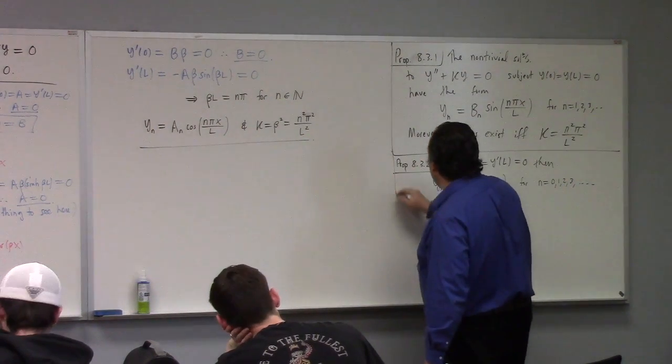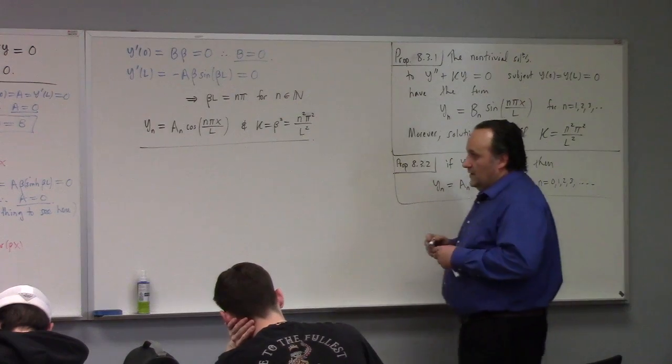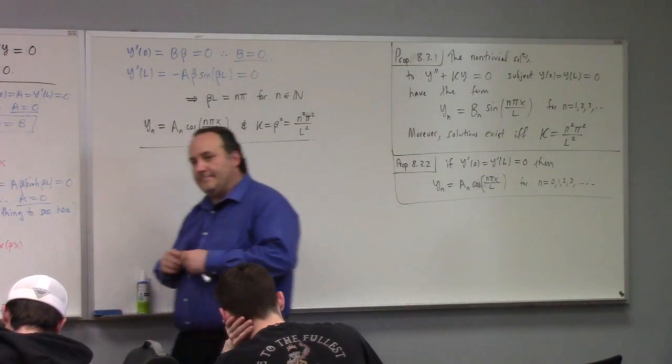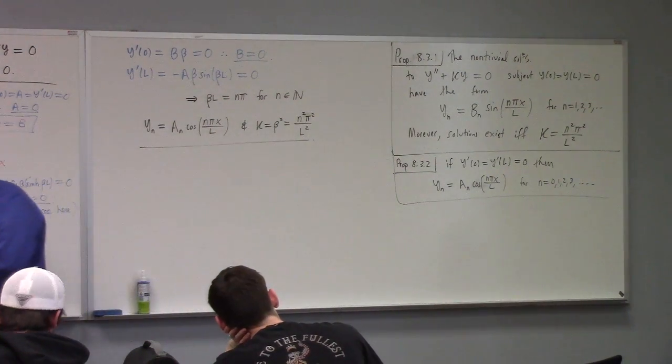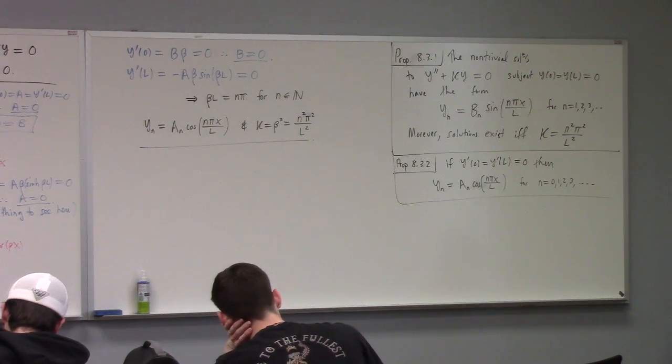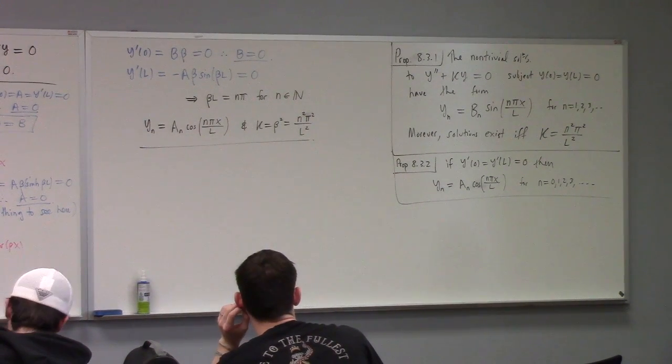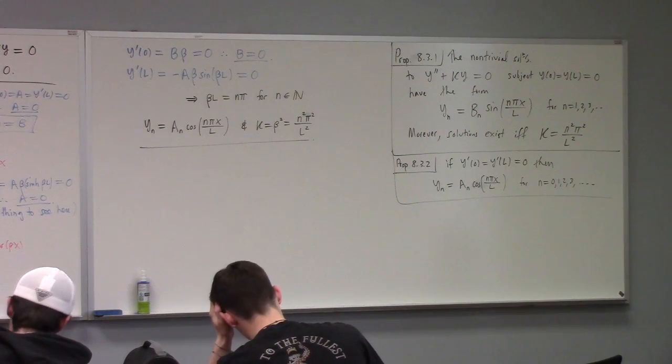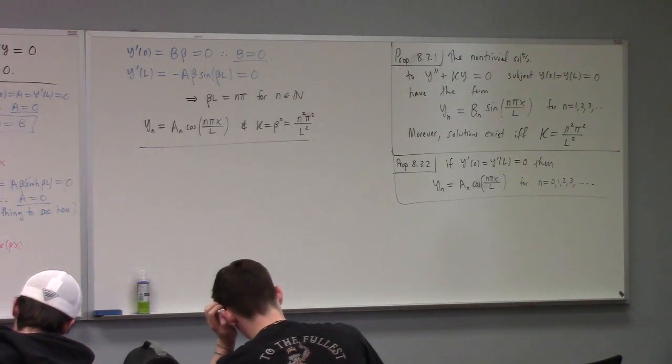See what I did there? I did something a little bit sneaky. I lumped in the 0 case because cosine of 0 is what? 1, right? So I can lump the constant case into the cosine solution if I want. Yeah?